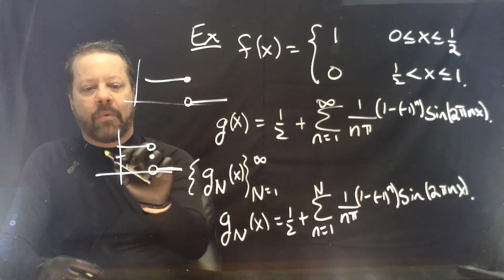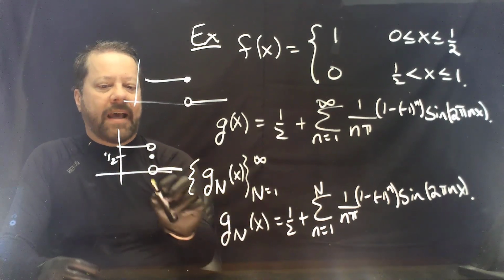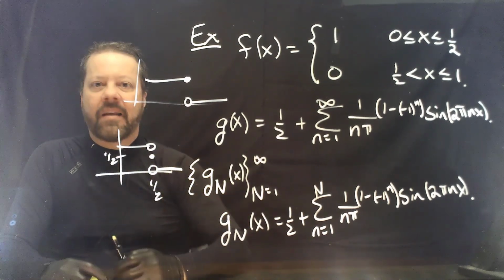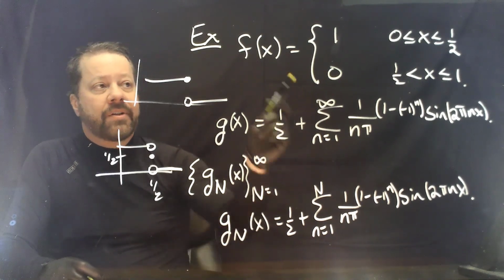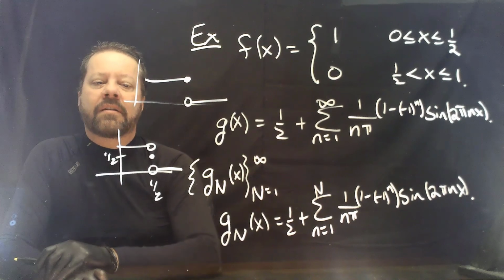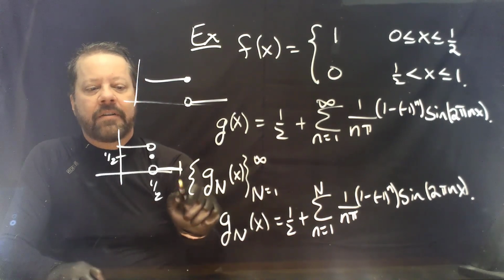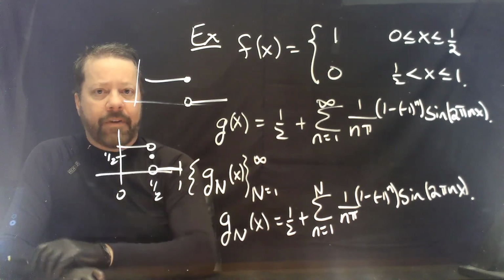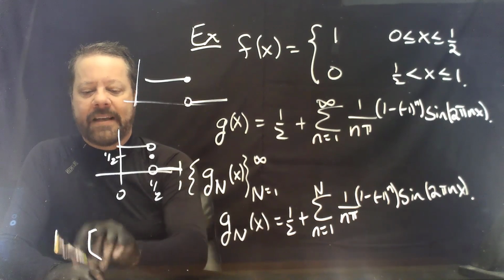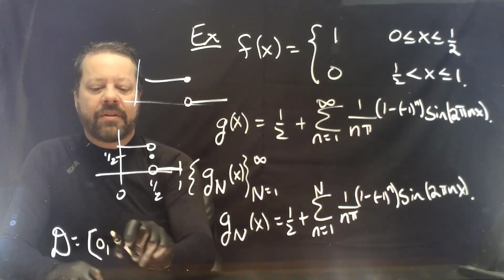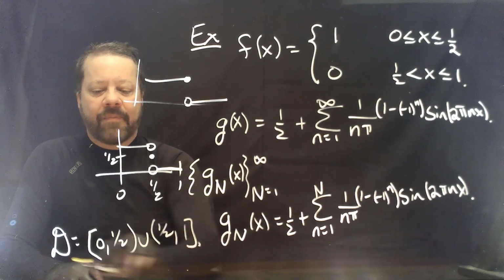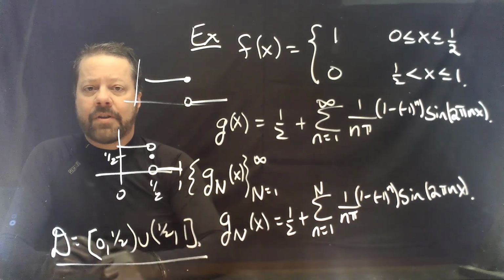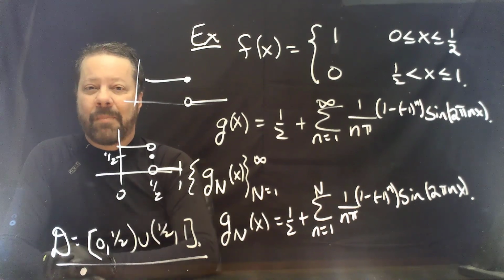It has the value of 1/2 at 1/2. And so this sequence of functions does not converge pointwise to this function on the entire interval from 0 to 1. However, if we consider the domain D to be 0 to 1/2 union 1/2 to 1, then it does converge pointwise on this domain.